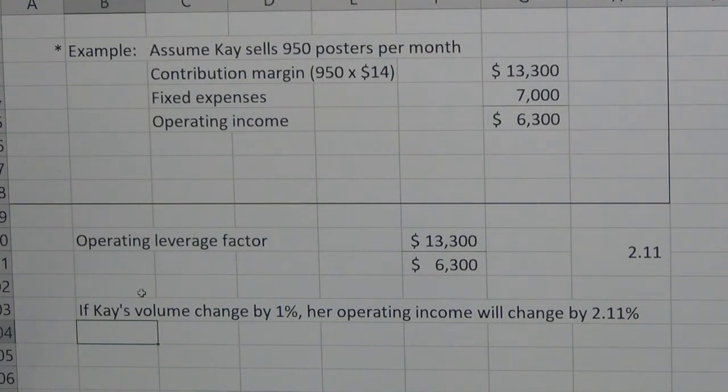Now, taking on more risk isn't necessarily a bad thing. What you know is that if you have more fixed costs and volumes go up, then you're going to make a lot more money, because what you pay is what you pay. The increase in sales is going to have a big or dramatic impact on the amount of money you're going to make. By the same token, if sales volumes go down, then the fixed costs still have to be paid, so you're taking on a lot more risk. So it's a risk-reward kind of deal.